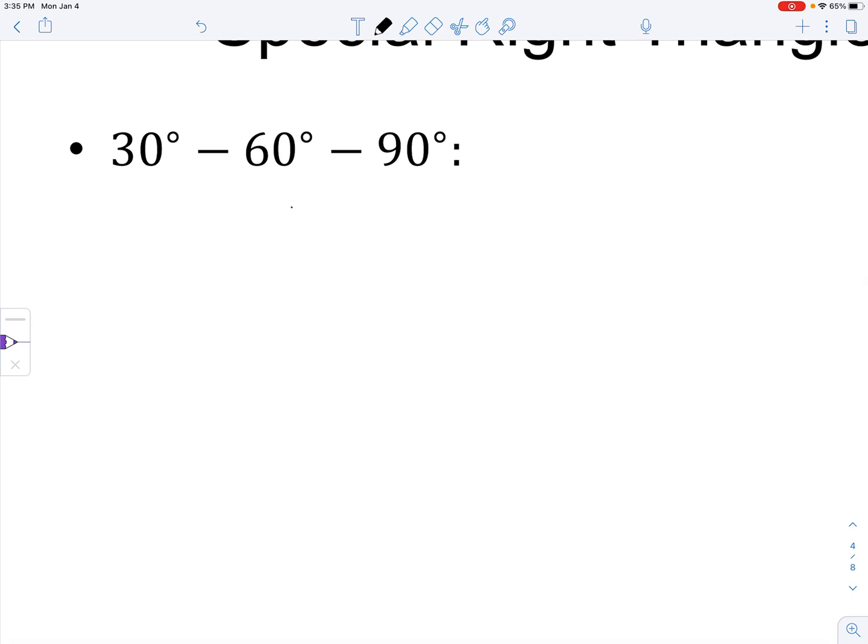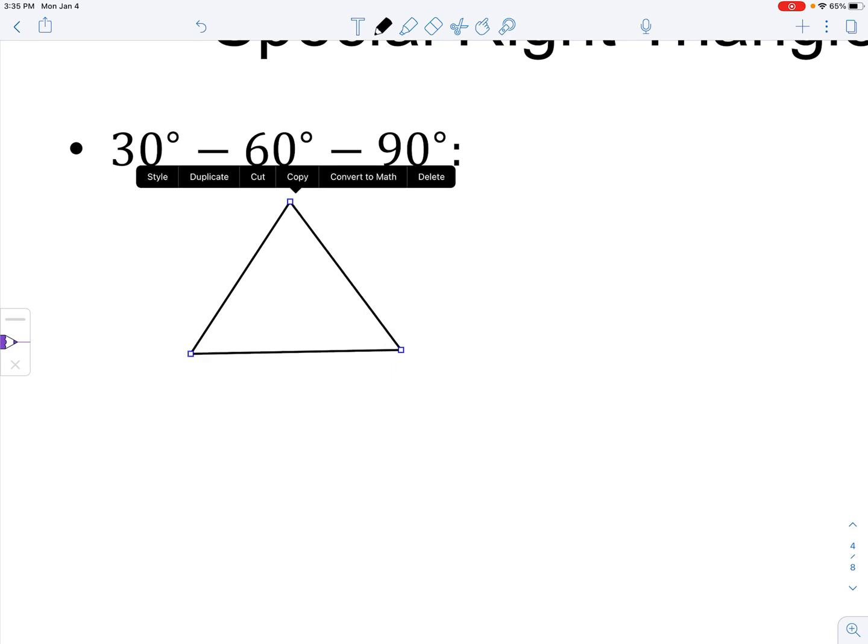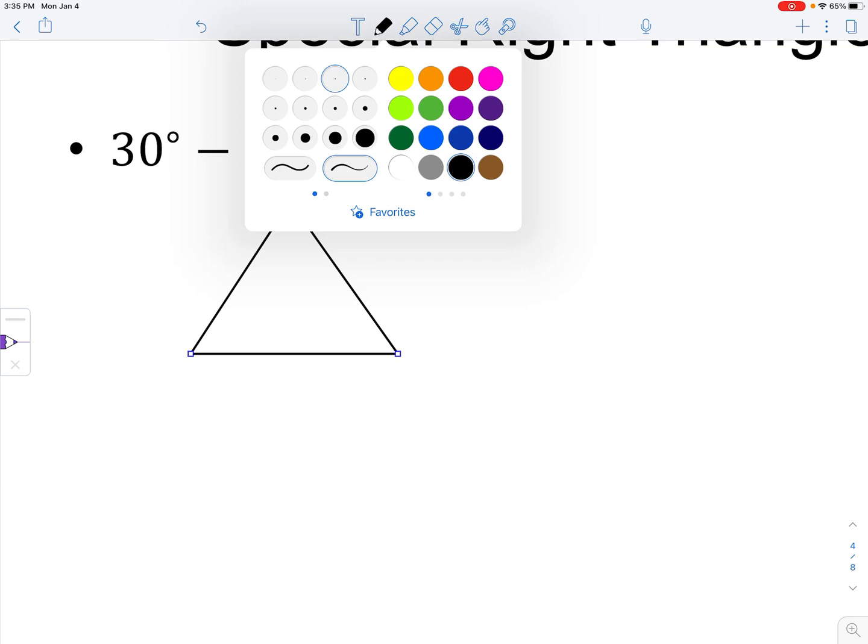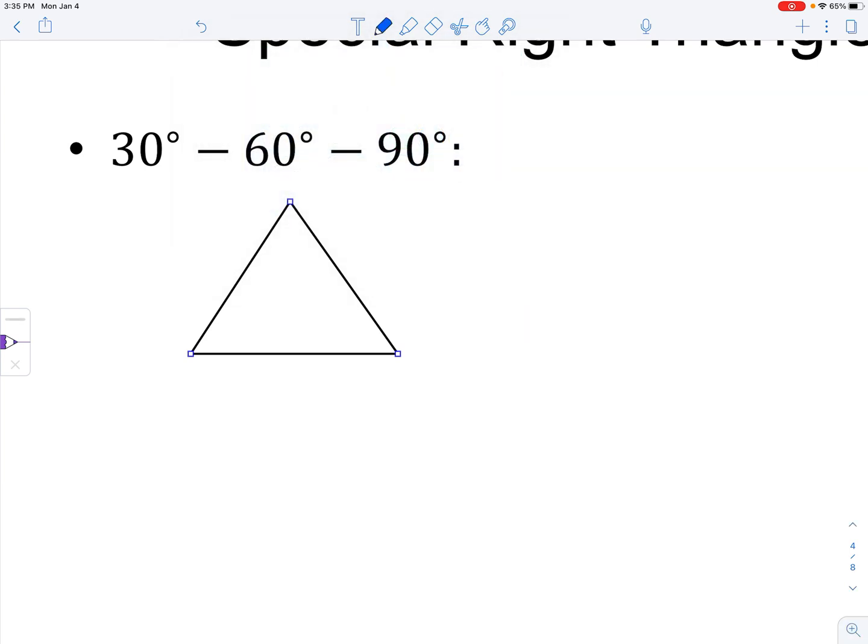So to derive the side lengths of a 30, 60, 90 triangle, I'm going to start with an equilateral triangle. Hopefully you remember that an equilateral triangle is a triangle that has equal side lengths. And remember, the angles of a triangle should sum to 180 degrees.